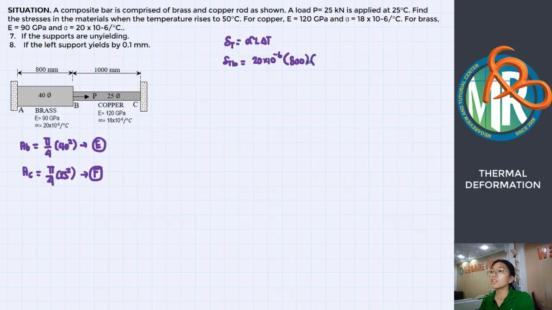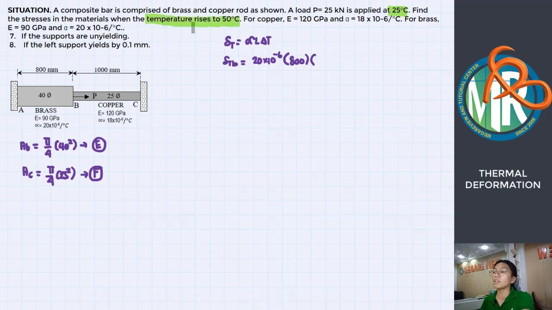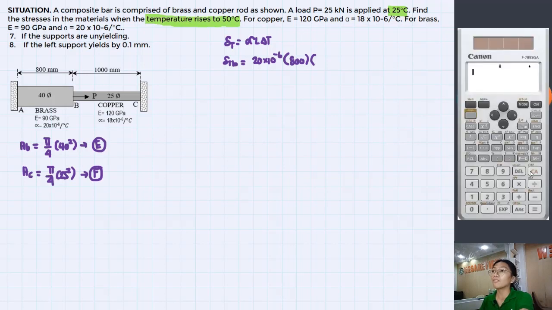The change in temperature, sabi sa problem, no, yung initial natin na temperature is 25 degrees Celsius. And then, nag-increase yung temperature natin to 50 degrees Celsius. So, bale, yung 50 degrees Celsius natin yung final temperature. Tama?